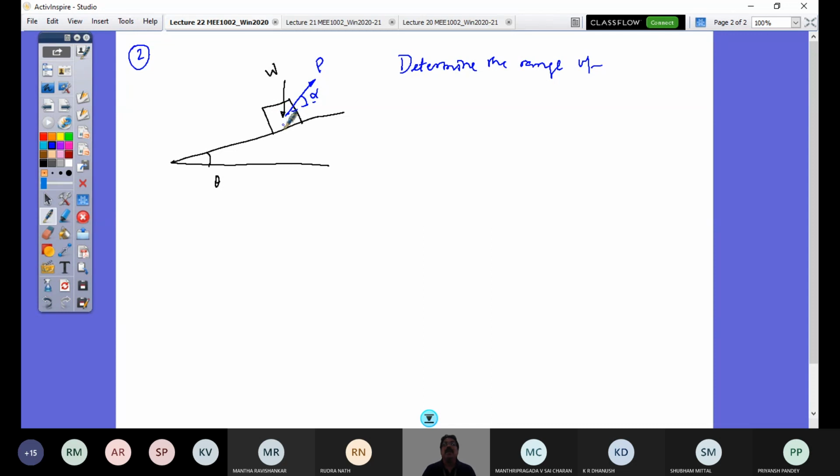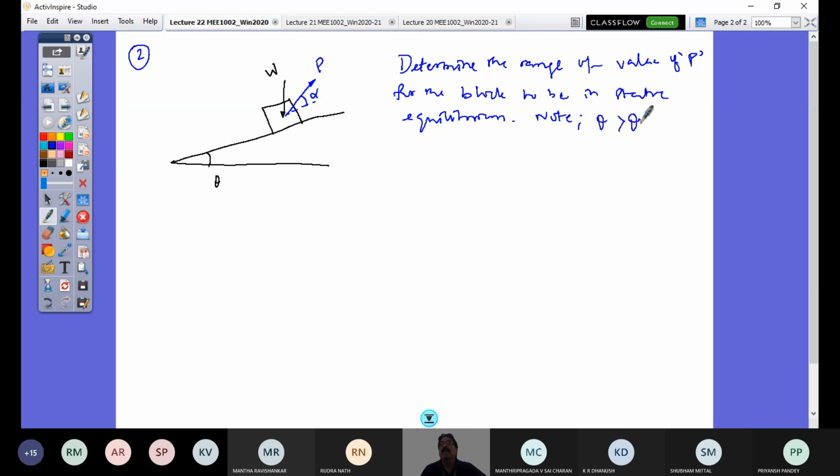So from that value of P till another value of P, the block is under rest condition. So you have to find that range of value of P. Determine the range of value of P for the block to be in static equilibrium.